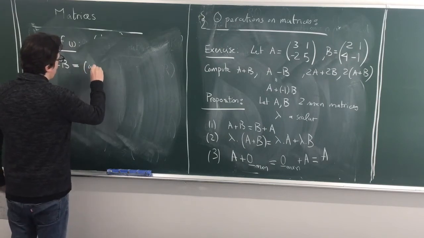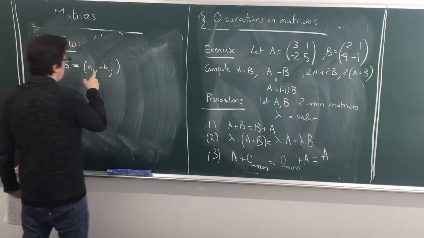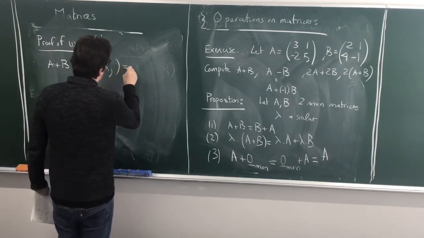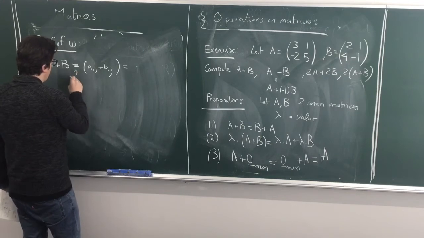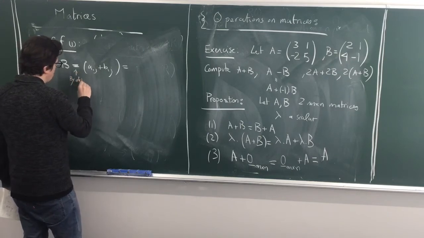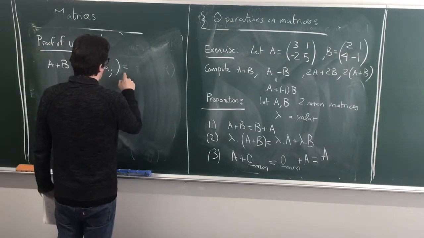It will be the matrix with entries aij plus bij. But this is by definition of the plus operation.